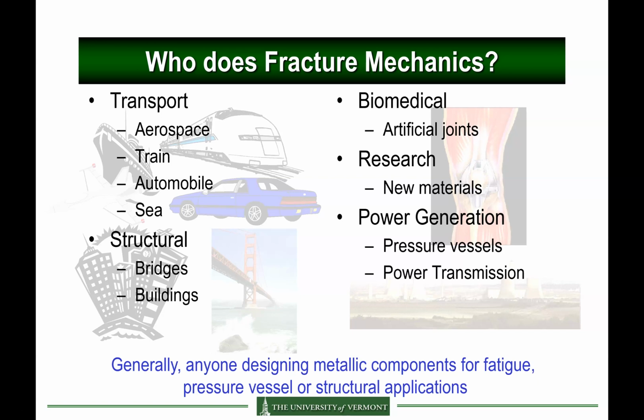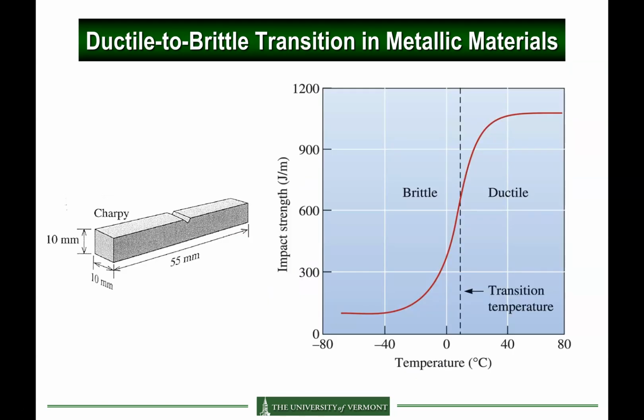Think of catastrophic failure as a crack propagating at the sound speed, pretty much. So this is a very explosive event, and that will destroy entire mountains. If you are curious and look online, you'll see some examples of failure for pipelines that have completely decimated entire forests or mountains. Okay, so this is definitely something to avoid. So generally, anyone designing metallic components for fatigue, pressure vessels, or structural applications is concerned by fracture mechanics.